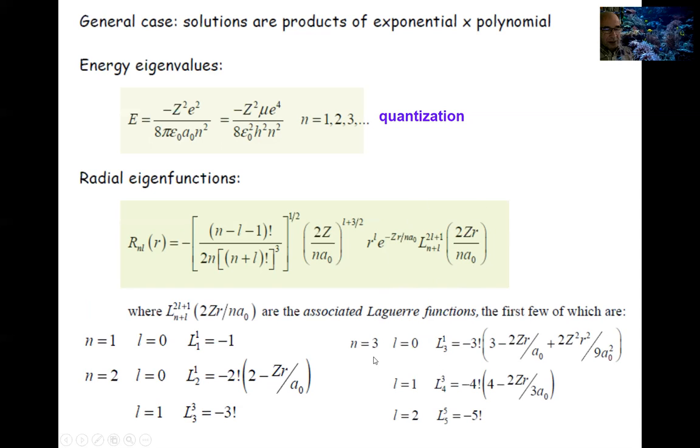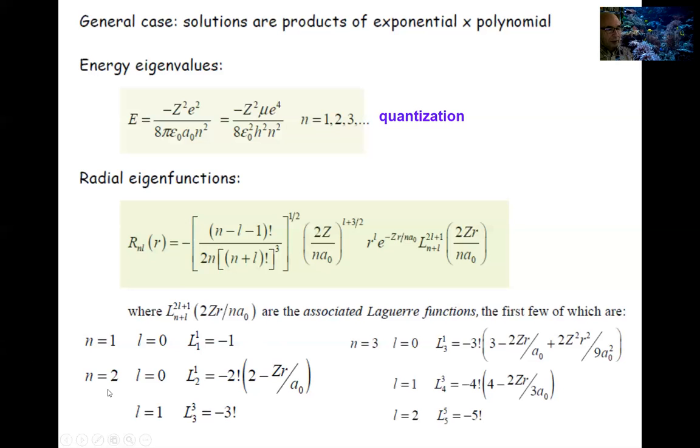You can see that these Laguerre polynomials have a different number of nodes, and we'll come to that in the next lecture, for different principal quantum numbers and orbital momentum. For example, in the simplest case, we have simply this Laguerre function equal to -1.